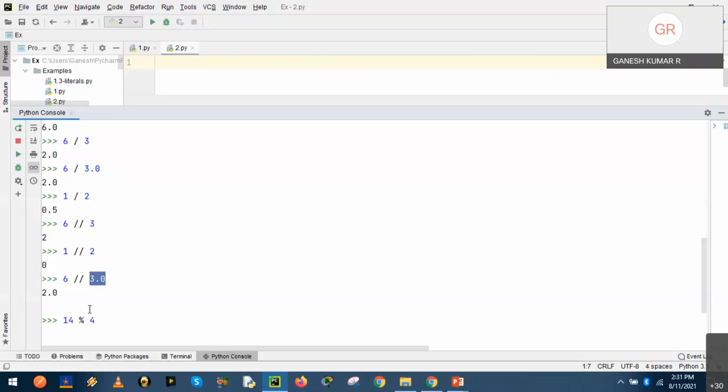This percentage operator is sometimes called modulo in other programming languages. So what will be the value left after 14 is divided by 4? Obviously 2, right?